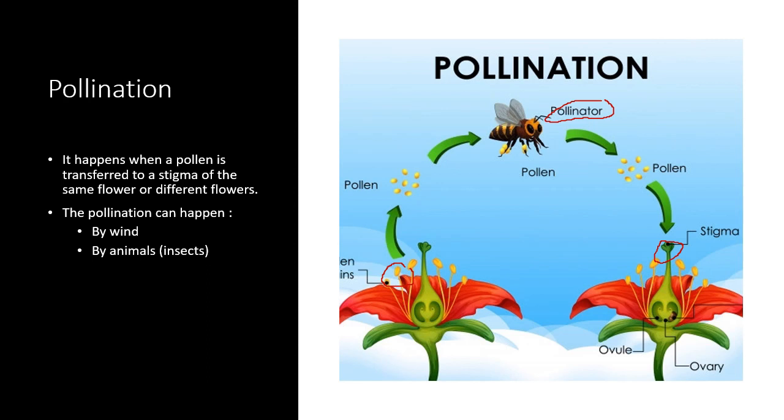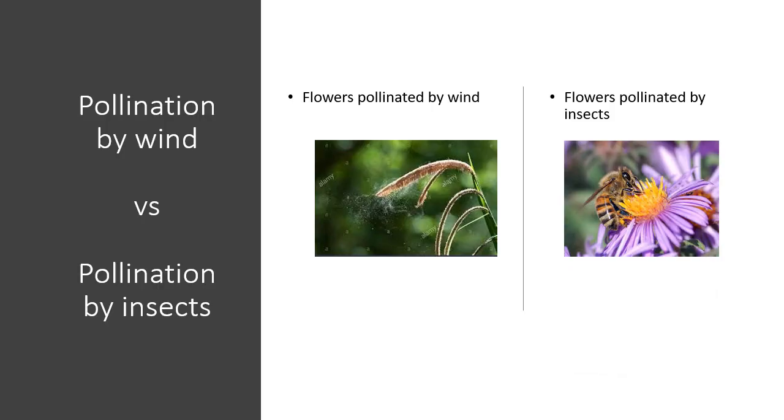Pollination can happen in two methods, whether it is by the help of the wind or by the help of the insect. Let's talk more about pollination. This is pollination by wind versus pollination by insect.